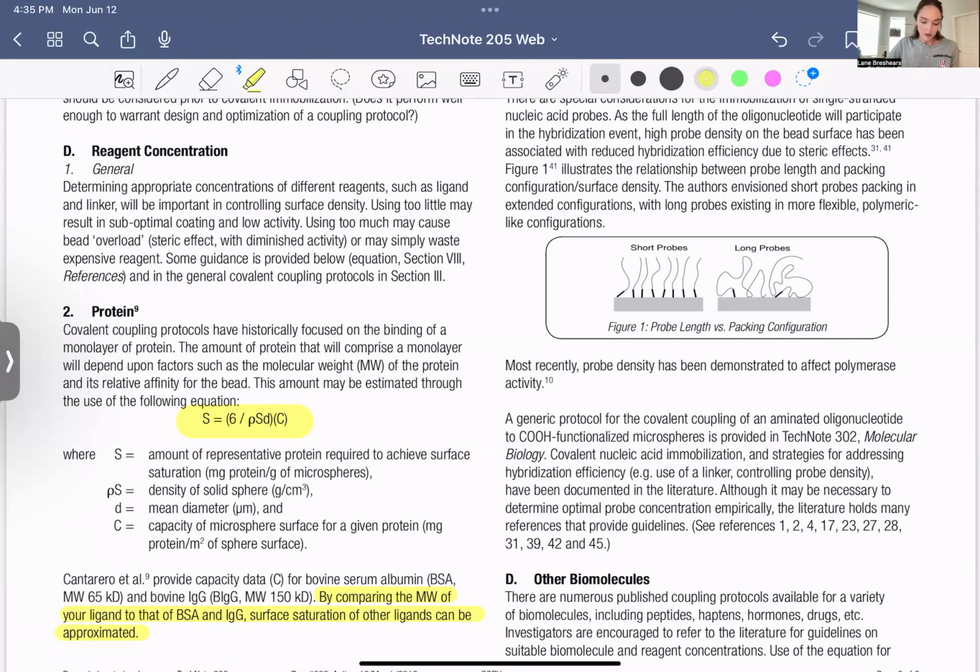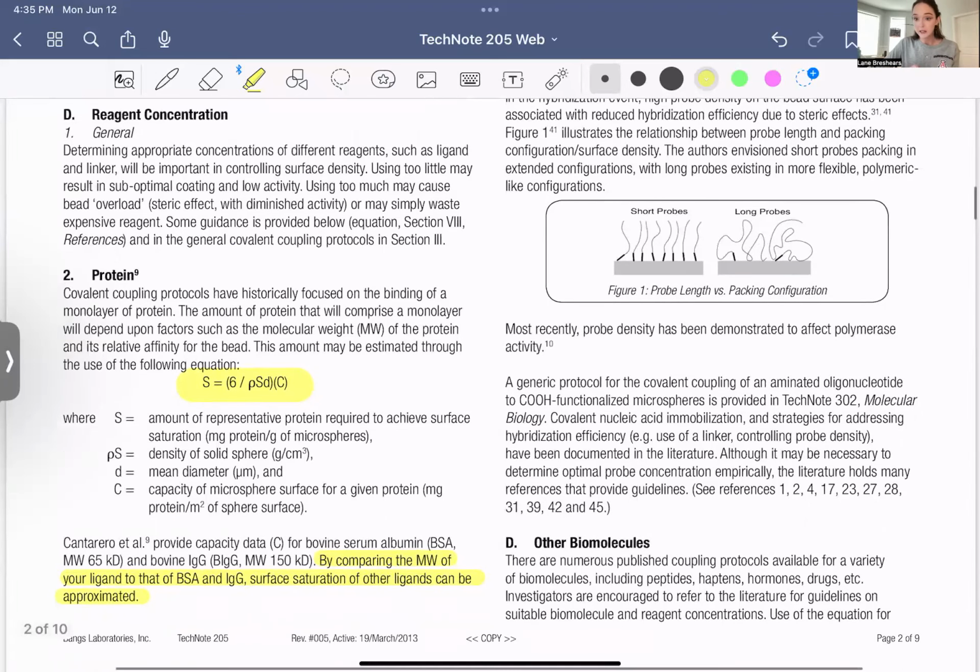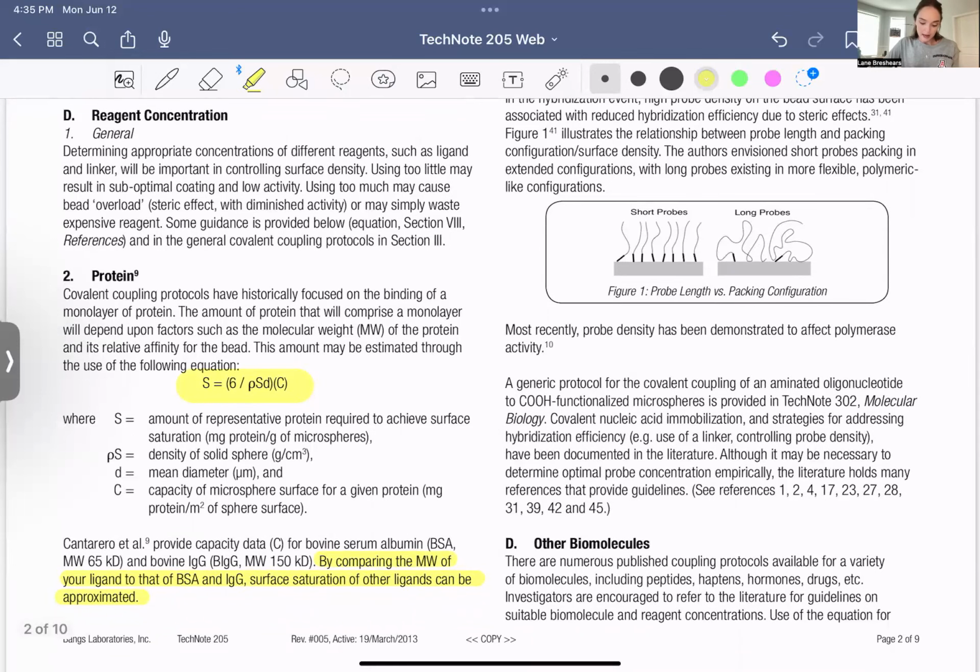So this goes over a couple different reagents for protein, and this is what I used. It has a great equation to calculate how much protein you should be adding into your solution. So here's the equation. I highlighted it here, and this is completely based on the molecular weight of your protein.